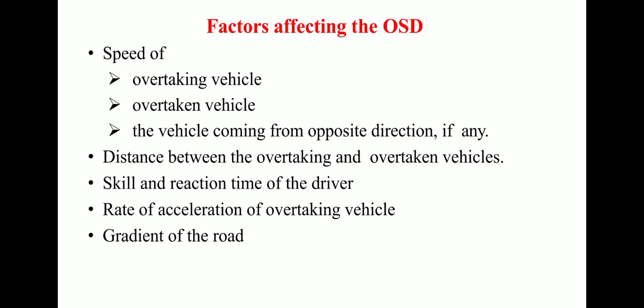The distance between the overtaken and overtaking vehicles, or spacing between the vehicles, skill and reaction time of the driver, rate of acceleration of overtaking vehicles and gradient of the roads are some of the factors affecting overtaking sight distance.